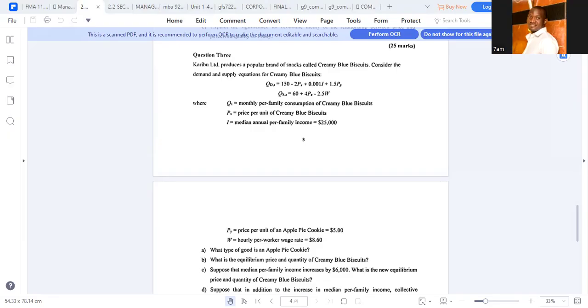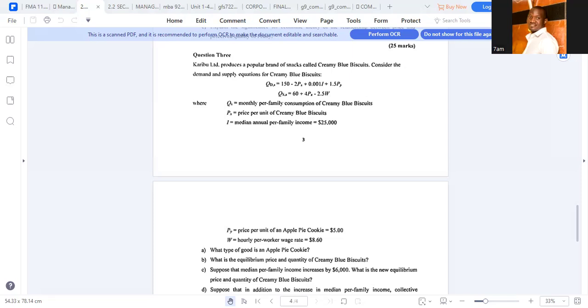Firstly, we've been given the variables there. To determine the type of good, we look at the coefficient.